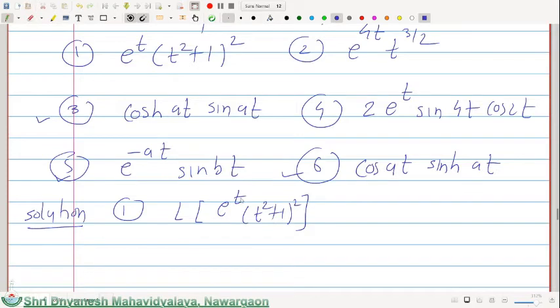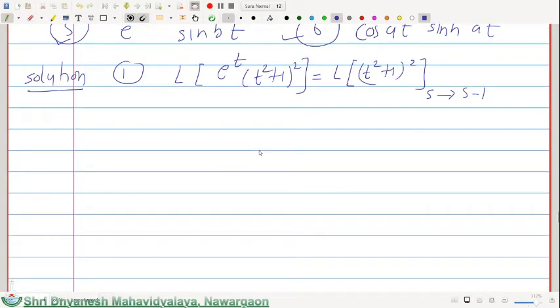A means the coefficient of t in the power of e. So we'll find the Laplace transform of t square plus 1 whole square first, and whatever transform we get, we will replace s by s minus a. A means 1 here.